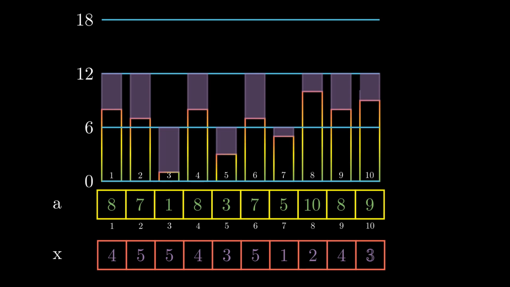Similarly, when x is equal to 2, we choose the 8th index of the array and increment it by 2 using the first operation. So 10 gets incremented to 12 and the bar touches 12, which is a multiple of 6. So it seems our job is getting done.